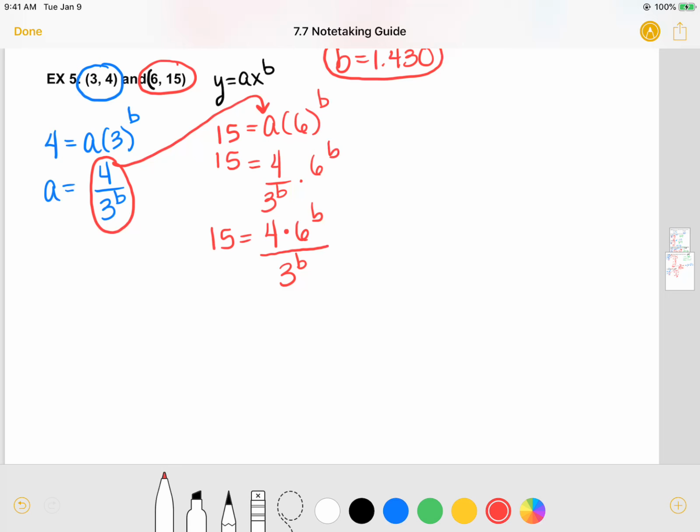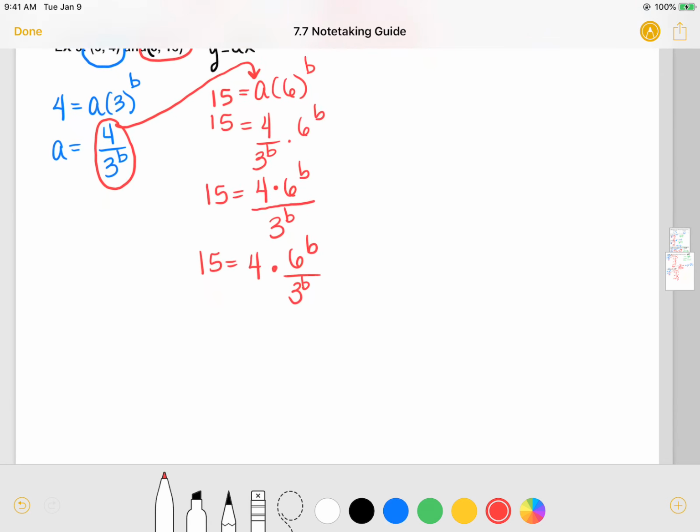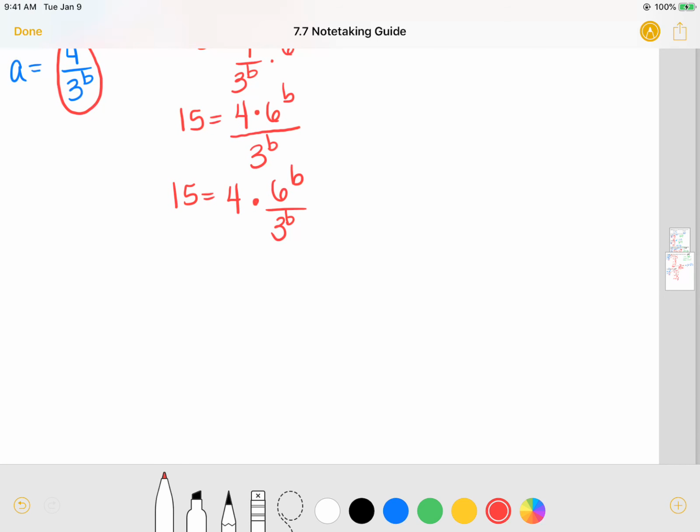So I'm going to rewrite this again, and I'm going to say 4 times 6 to the b over 3 to the b. Okay? And now I'm going to undistribute that exponent. So I'm going to rewrite it as 4 times 6 over 3 raised to the b power. And now we can simplify. 6 divided by 3 is 2. So 15 equals 4 times 2 to the b power.